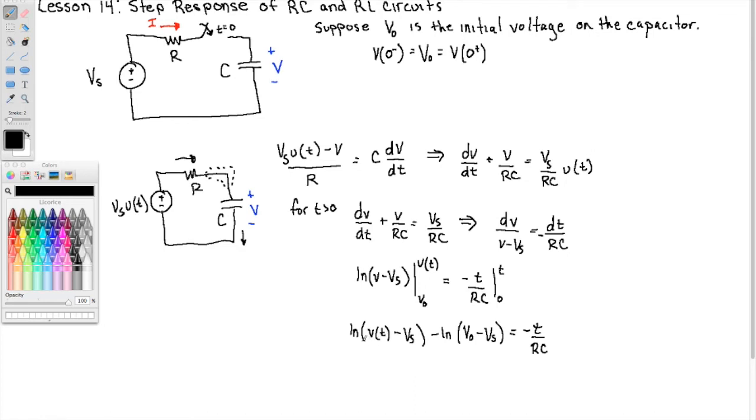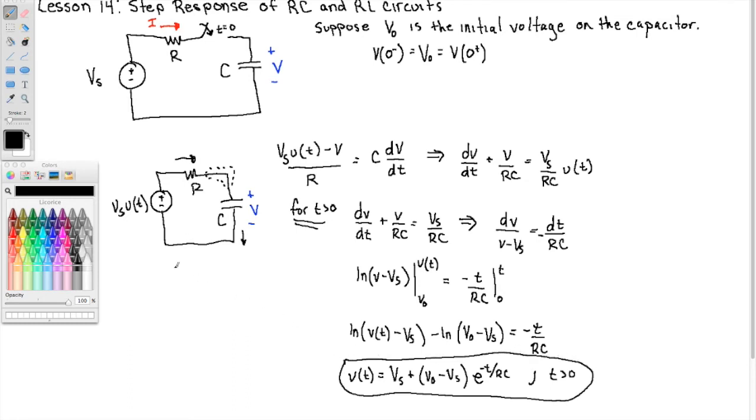If I rearrange a little bit and take the exponential of both sides, I get v of t equals vs plus v0 minus vs times e to the negative t over RC. That's tau, remember. Again, this is for t greater than 0. So here's our solution.